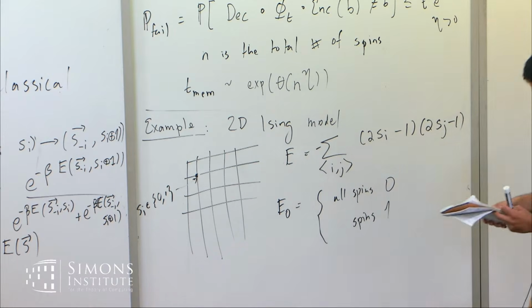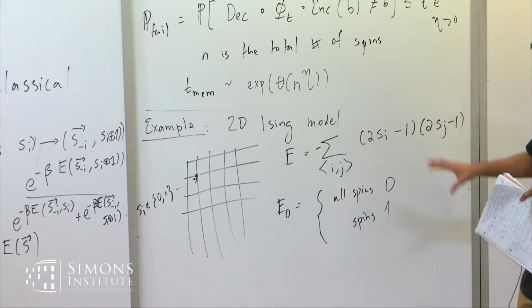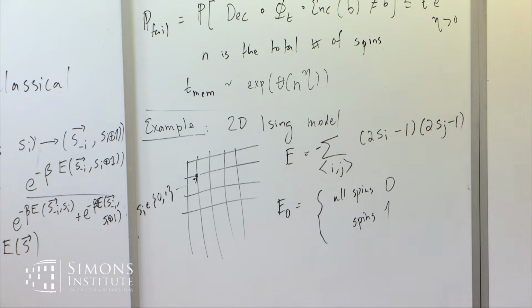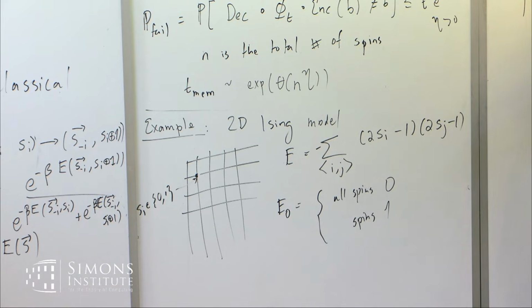And okay, so then the claim is that we have an encoding map. How about a decoding map? Well, to understand how the decoding map looks, we can look at a typical configuration of spins in the two-dimensional Ising model. If I have a configuration of spins, some of them are 0 and some of them are 1, I can view this as a bunch of zeros and maybe some islands of 1s, or vice versa.